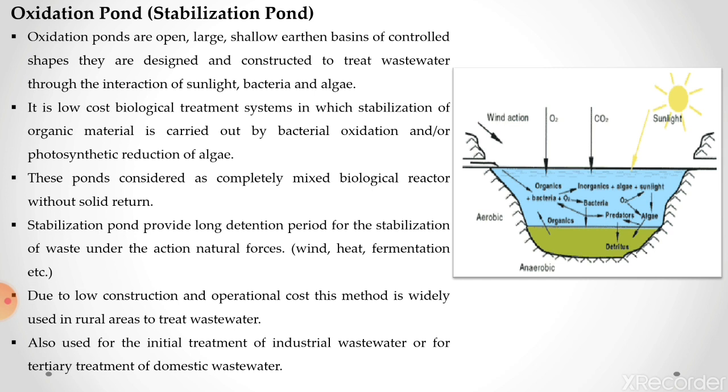Stabilization ponds provide a long detention period for stabilization of waste under the action of natural processes, as natural means like wind, heat, fermentation, etc. are used for the decomposition and stabilization of organic matter.